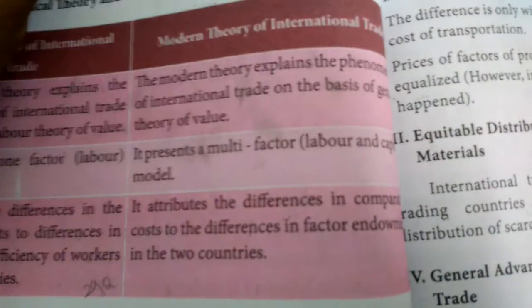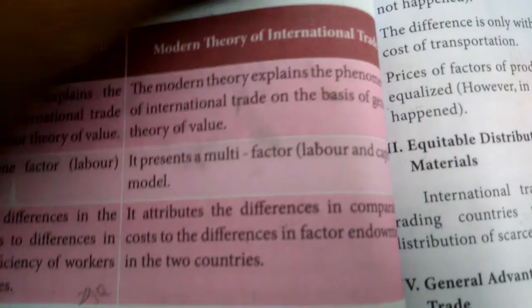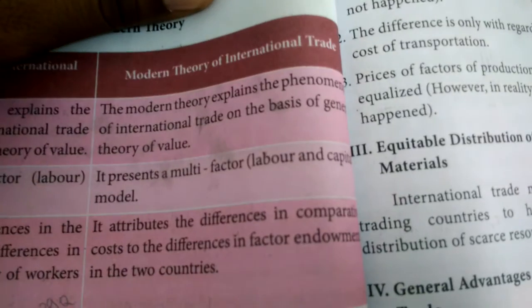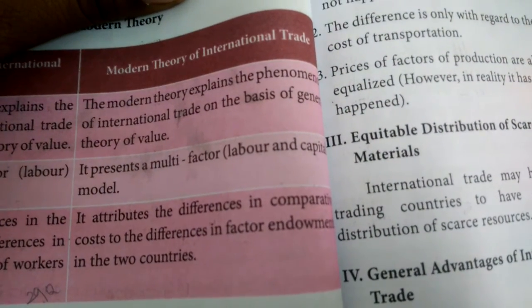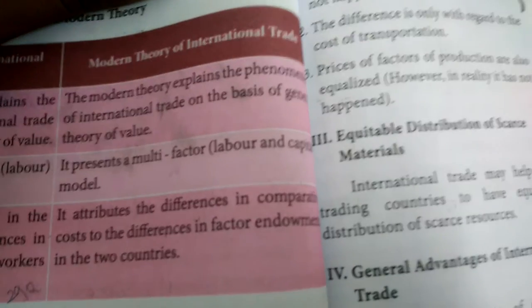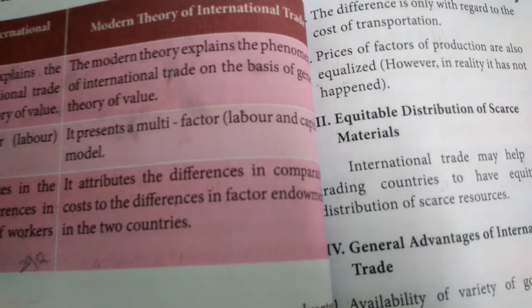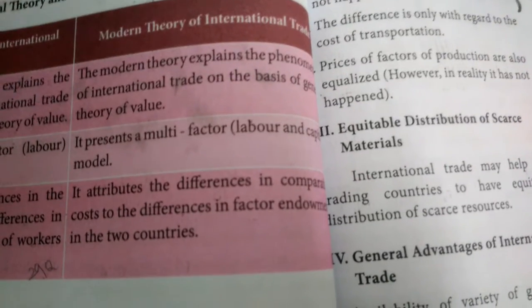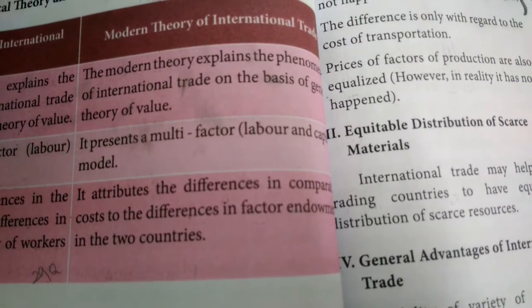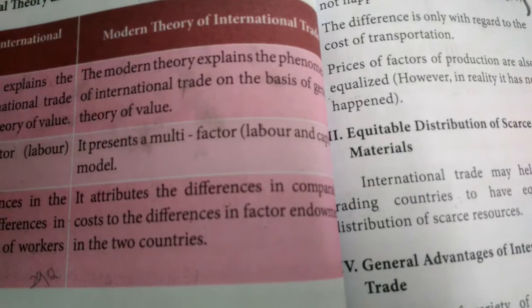But the modern theory attributes the differences in comparative costs to the difference in factor endowments in the two countries. So the availability or abundance of the factor endowments only is the reason for the difference in comparative cost.